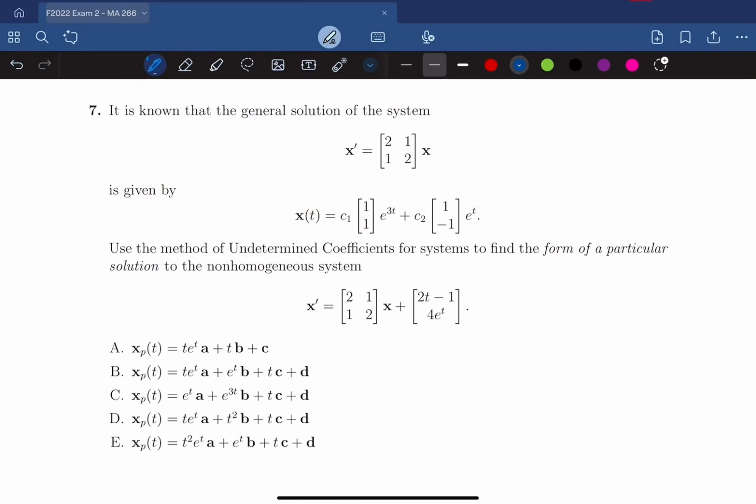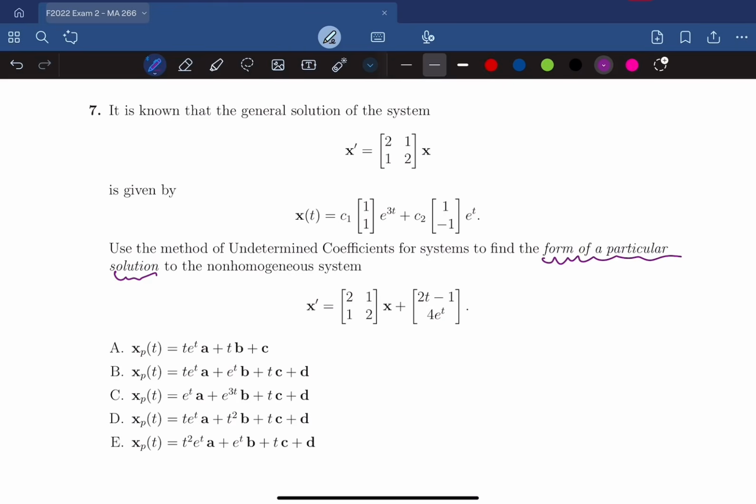So number 7 says, it is known that the general solution of the system, and it gives us a system and the general solution of that system. It says, use the method of undetermined coefficients for systems to find the form of a particular solution to the non-homogeneous system.